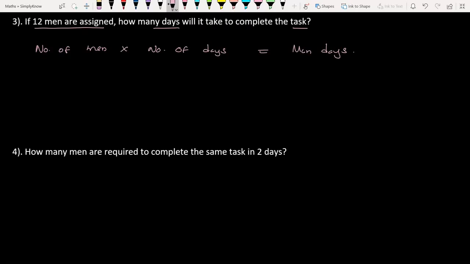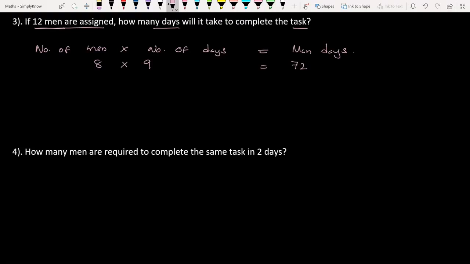So number of men in the first situation is 8, and they will take 9 days. So it will be 72 man days. So this is the magnitude of the task. Now to finish the same task, if we assign 12 men, how many days will it take?